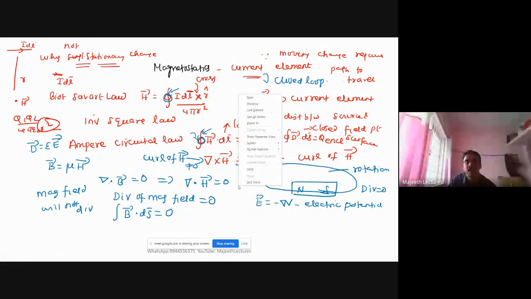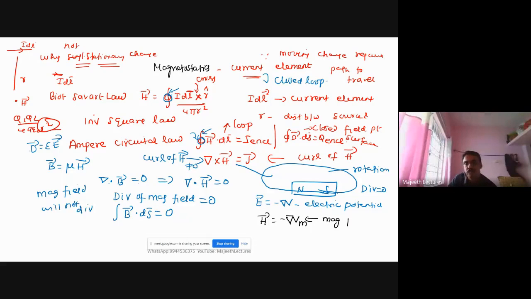Now we see what the magnetic field is with respect to gradient. Okay, let us take this black color. So similarly, magnetic field H is equal to minus del Vm. Vm indicates magnetic potential.